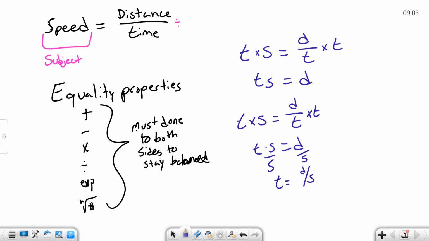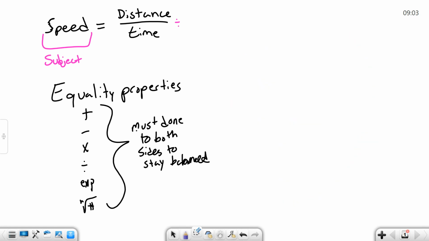Let's look at another example. This one's going to be a little bit harder. We're going to look at v is equal to 3a divided by a minus f. And our goal here is to make f the subject.